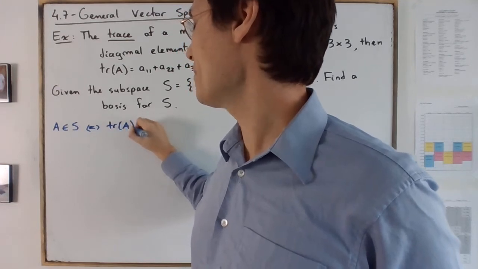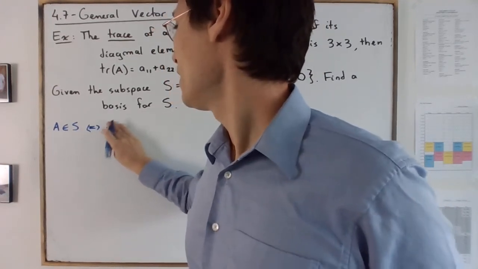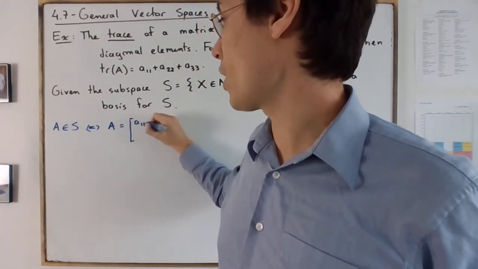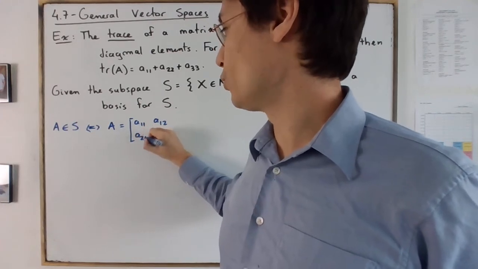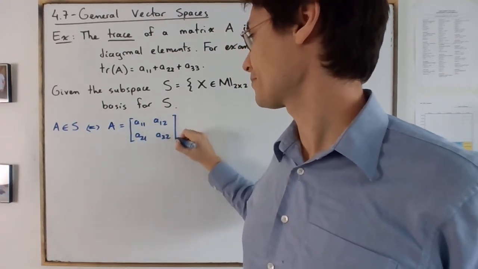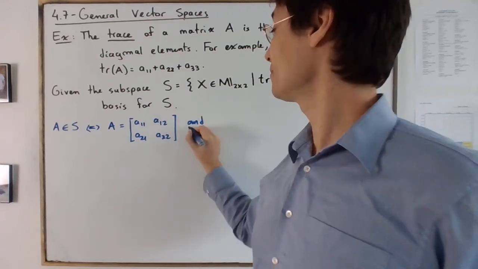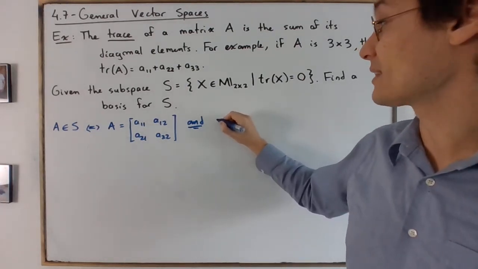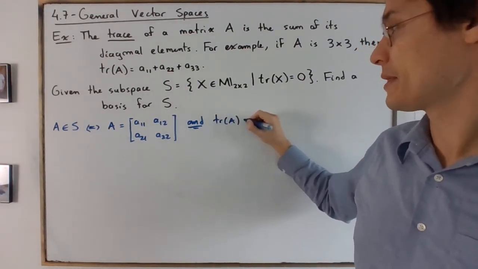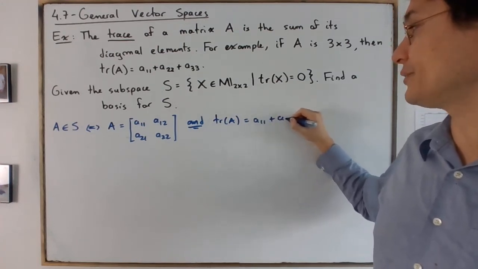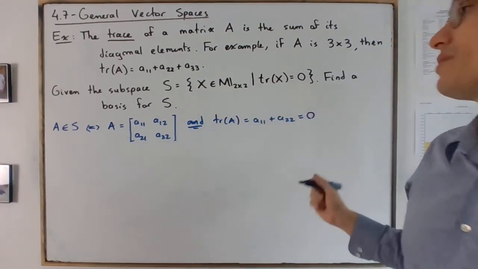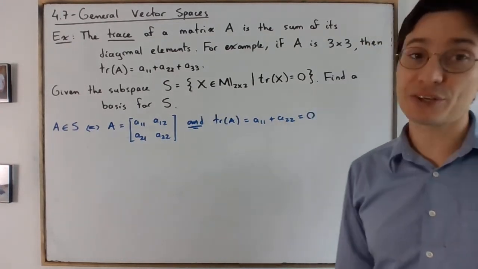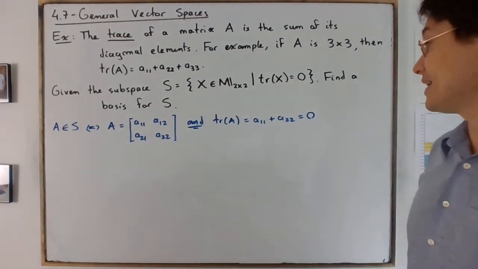So A is 2 by 2, meaning that we have A11, A12, A21, A22, and you need this condition, that the trace of A, which is A11 plus A22, is equal to 0. And you are given one equation, and it turns out, of course, that it's linear.